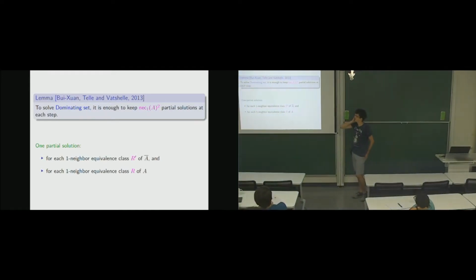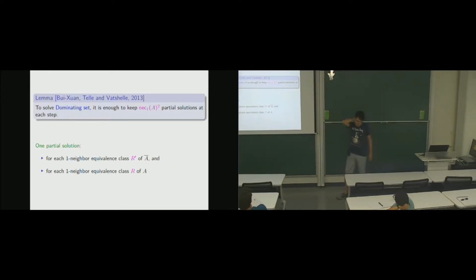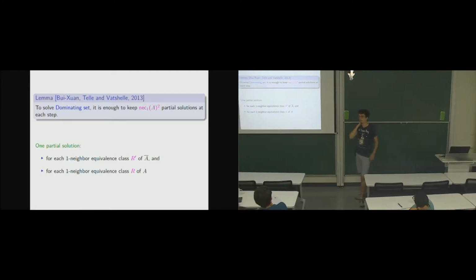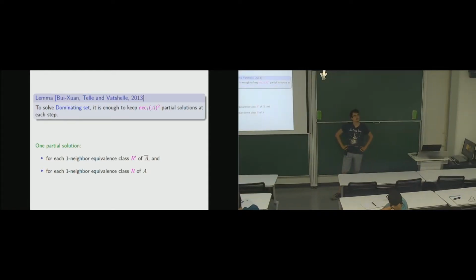And now, if you add a connectivity constraint, what happens? If you want to design some equivalence relation between partial solutions, like this one gives a connected dominating set with Y, then you will not get an efficient algorithm.